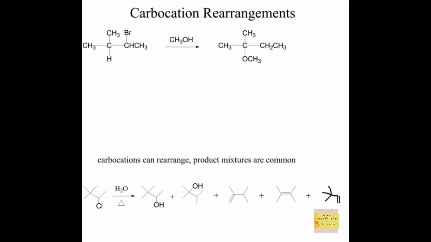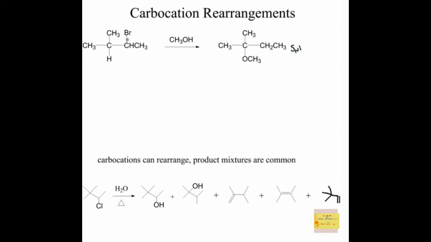Let's talk just a little bit about carbocation rearrangements, because like the SN1 mechanism, we're going through a carbocation, and that means carbocations can rearrange. And so let's just briefly review what we saw for this SN1 mechanism.